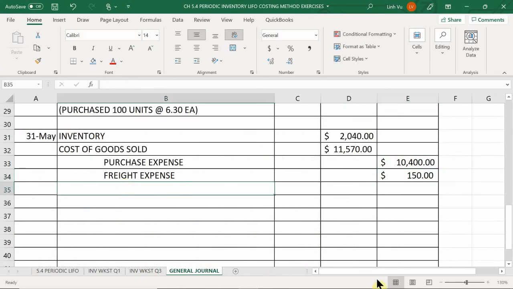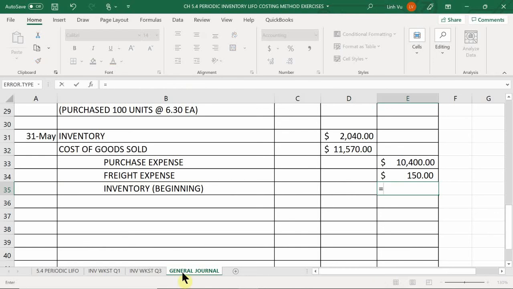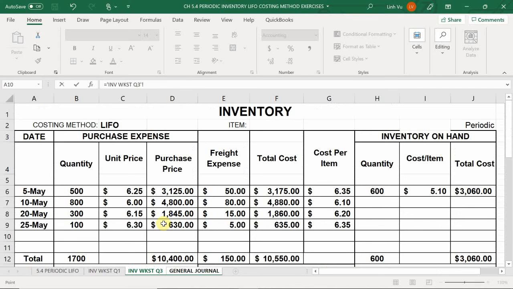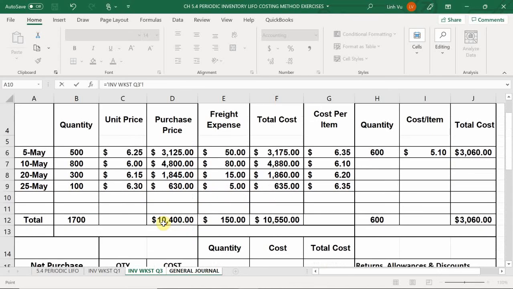What else do I need to recognize? Beginning inventory. We need to recognize our beginning inventory. Which was valued at what? What was my beginning inventory? 3,060.